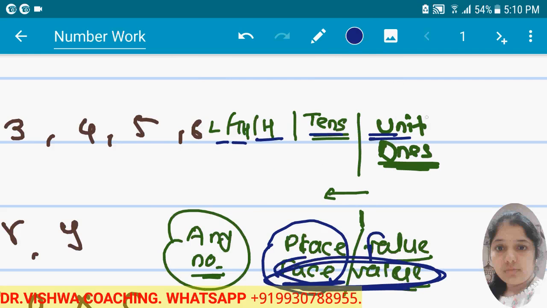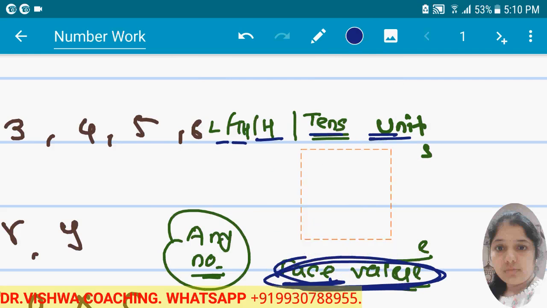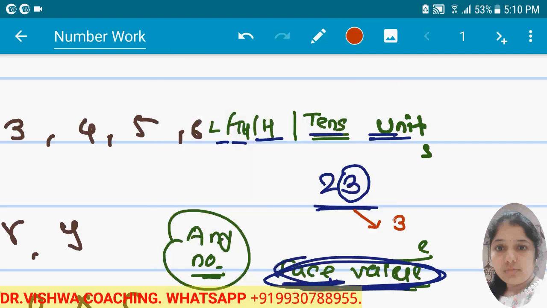If I write the number 23, in this number the digit 3 has place value 3 because it is at the unit position, and its face value is also the same because it is the number 3.